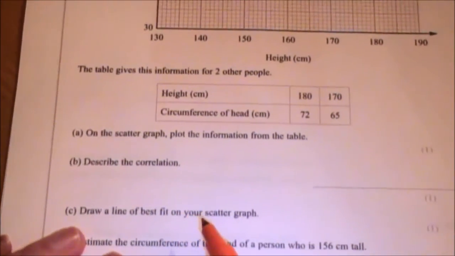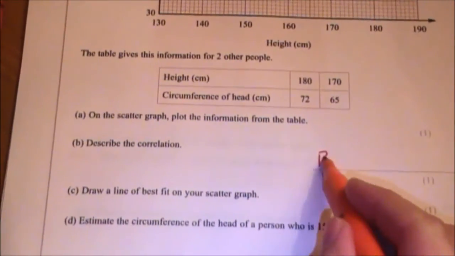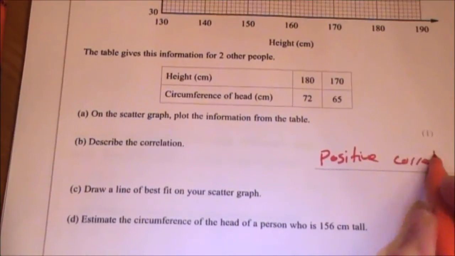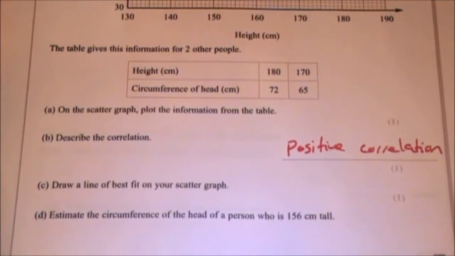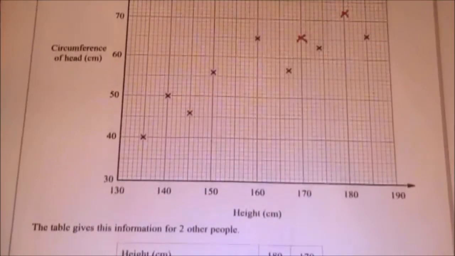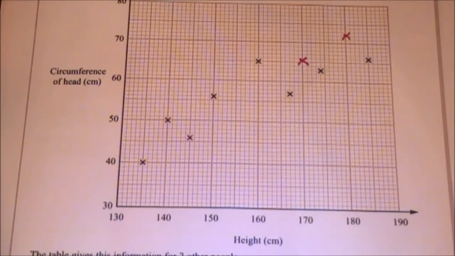Then part B says describe the correlation. Well, it's uphill, so it is positive correlation. Positive correlation. Draw the line of best fit on your scatter graph. So my line of best fit is a line that goes through the middle of the points.